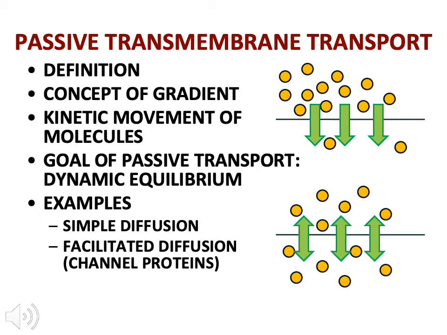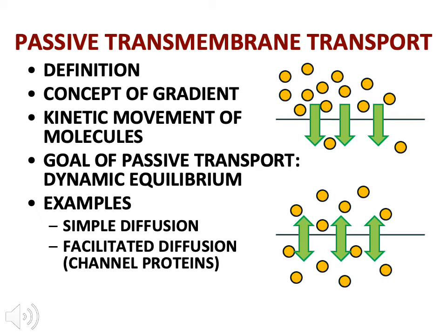So by virtue of colliding into one another, because of the crowded nature on one side of the membrane, those molecules will scoot their way in between those phospholipids. And so the goal of this transmembrane transport is what we will call a dynamic equilibrium.